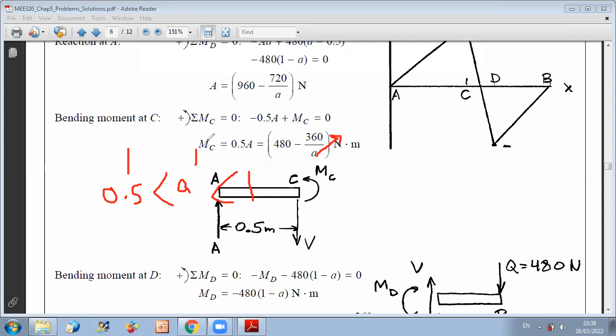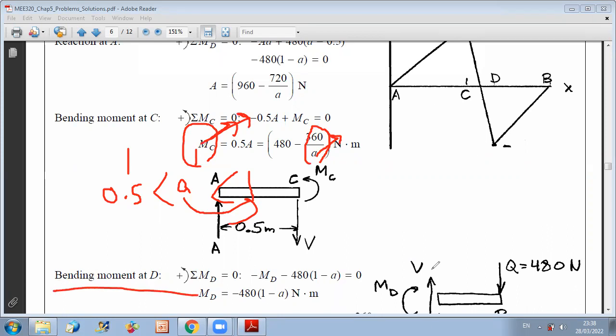It will increase MC, because the larger A is, the smaller this term will be, and the larger MC will be. So as you take A closer to 1, you will get a very large value of MC, so a very high positive maximum moment.